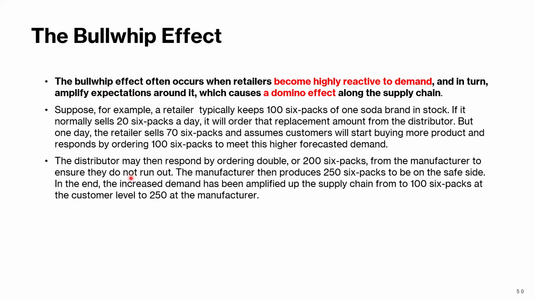So a distributor may respond by ordering double, 206 packs, from the manufacturer to ensure they do not run out, right? The objectives are the same, they want to fulfill customers' orders in a seamless way. But the problem is they don't have accurate data. It's just imagination or prediction, without any facts. Which is why it caused a domino effect.